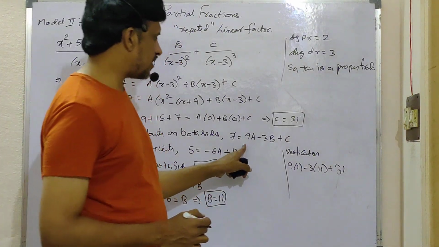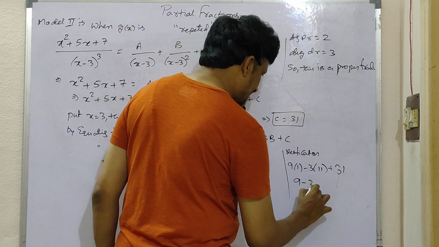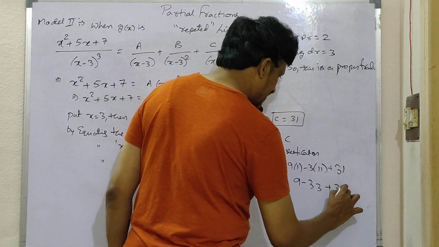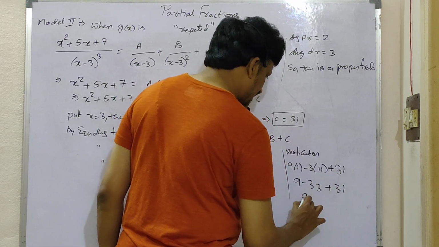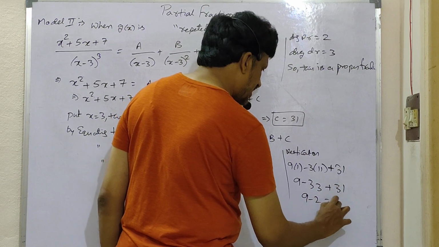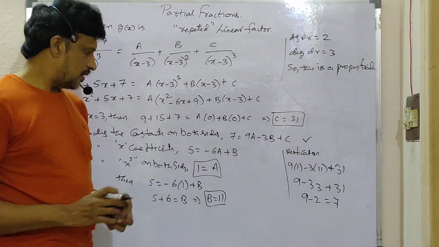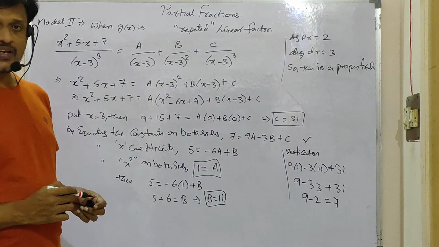Verify whether you are getting the given 7 or not. So this is 9 minus 33 plus 31. 9 minus 33 plus 31 will be minus 2, and 9 minus 2 is 7. So the relation is correct. So we got all the three values of a, b, c.